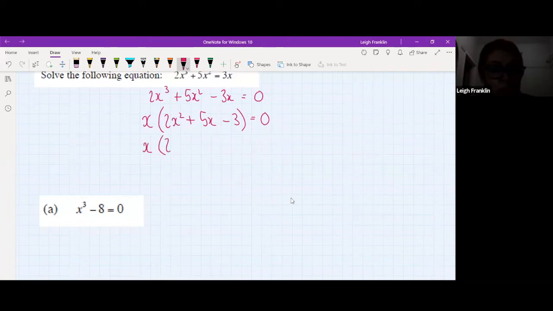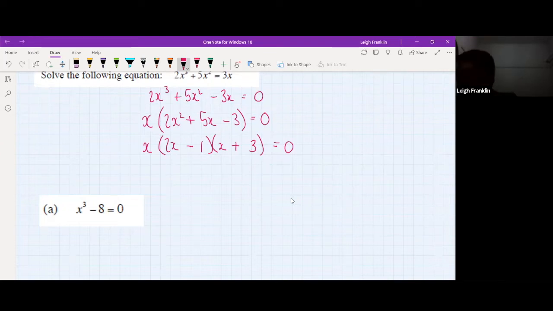So I'm going to have 2x here, x here equals 0. I need the factors of 3, which has to be 3 and 1. In order to get the plus 5 in the middle, I'm going to put the 3 here and the 1 there, so that when I do the O part of FOIL, I get plus 6x minus 1x to give me the plus 5x in the middle.